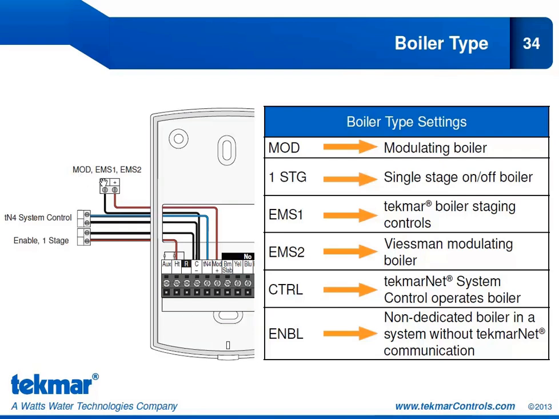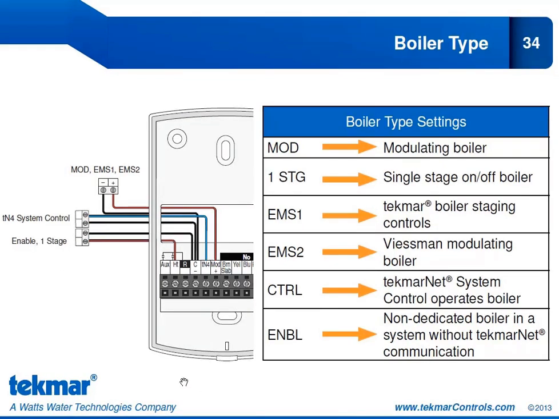And on the left-hand side, we're showing you the wiring for these different boiler type configurations. If you're using mod, EMS1 or EMS2, you're going to be using the mod plus and minus terminals. If you're connected to a TechMar system control, you'll use the TN4 and C terminals out to the TN4 system control. And if we're doing enable or a single stage on-off boiler, then we're going to use the heat relay, and because that is tied to the R, we would bring the heat relay and we'd have to reconnect to the C to complete that circuit.